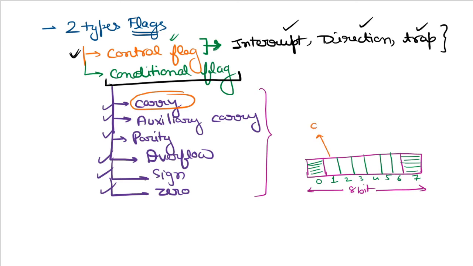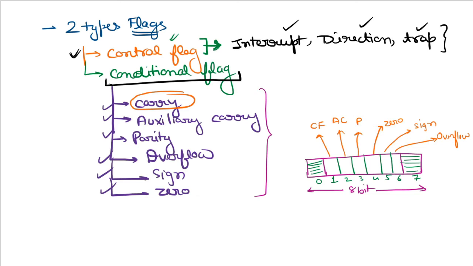Index 1 is for carry flag, index 2 is for auxiliary carry flag, index 3 is for parity, index 4 is for zero, index 5 is for sign, and index 6 is for overflow. Now let's proceed with our examples.